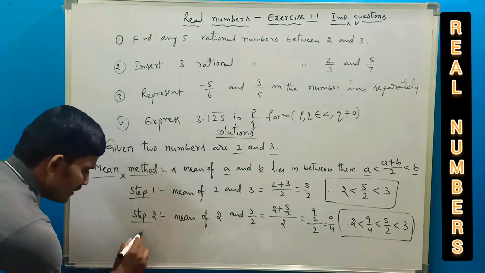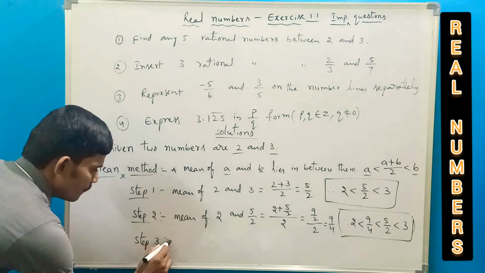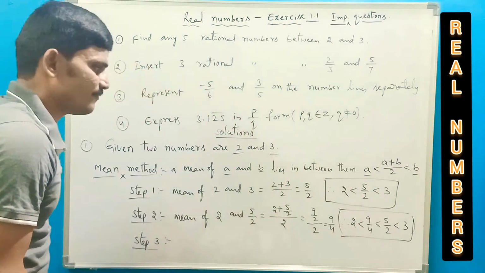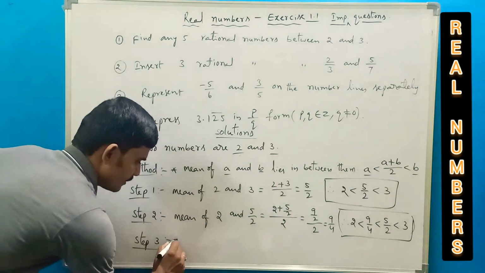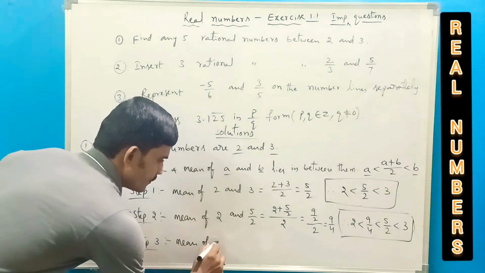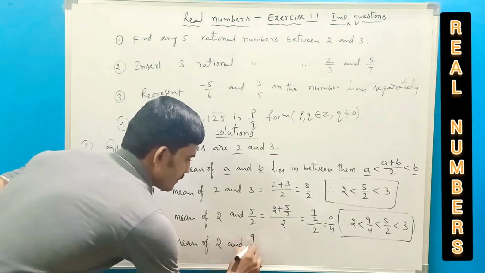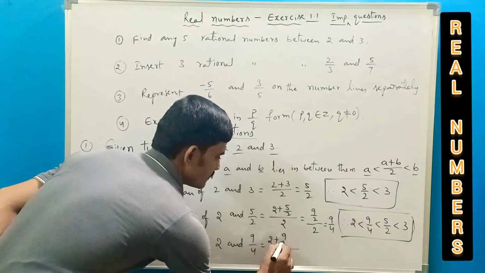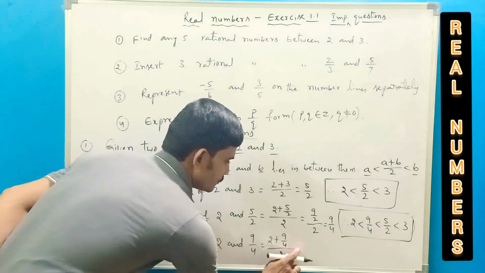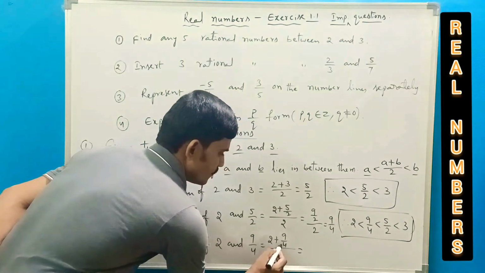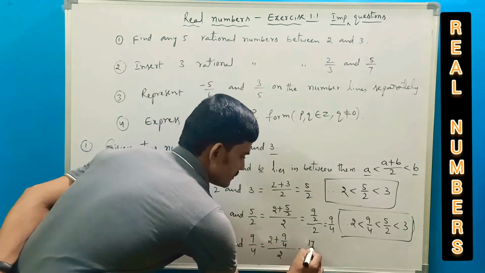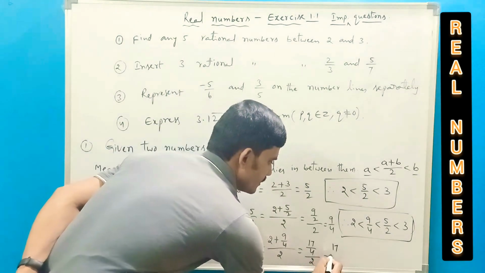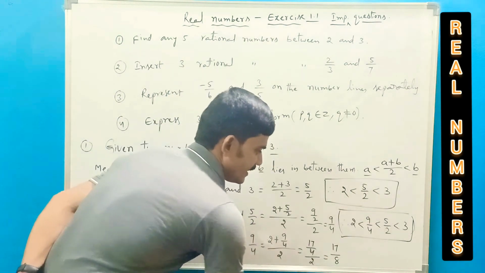Similarly, the third step, we are going to insert one more rational number between these two. Let us find average of 2 and 9 by 4. That is mean of 2 and 9 by 4, that is equal to 2 plus 9 by 4 by 2, which becomes 4 twos are 8, 8 plus 9, 17 by 4 by 2, which is equal to 17 by 8.